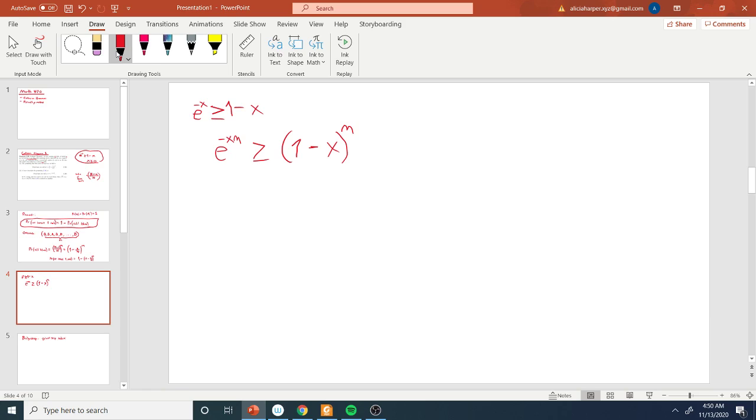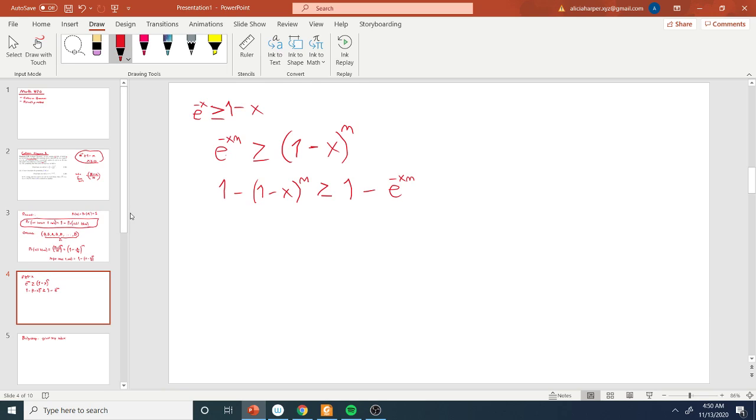Now we can flip this inequality a little bit by subtracting this from this side and this from this side, and add 1 to both sides to get (1 minus x) all raised to the m is greater than or equal to 1 minus e to the negative x times m.